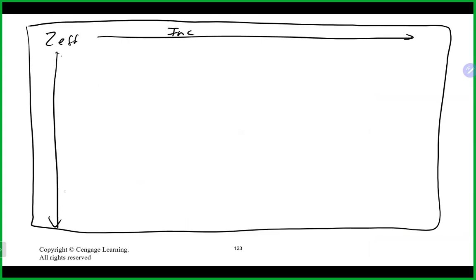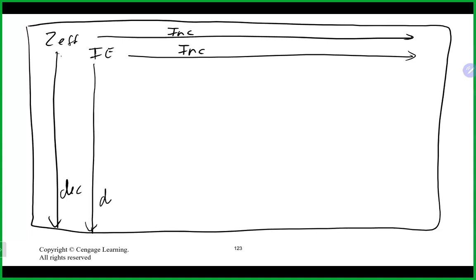And we put in all of the trends that we just talked about, which is Z effective, increasing as we go this way, decreasing as we go this way. We did ionization energy, increasing as we go this way, decreasing as we go this way.